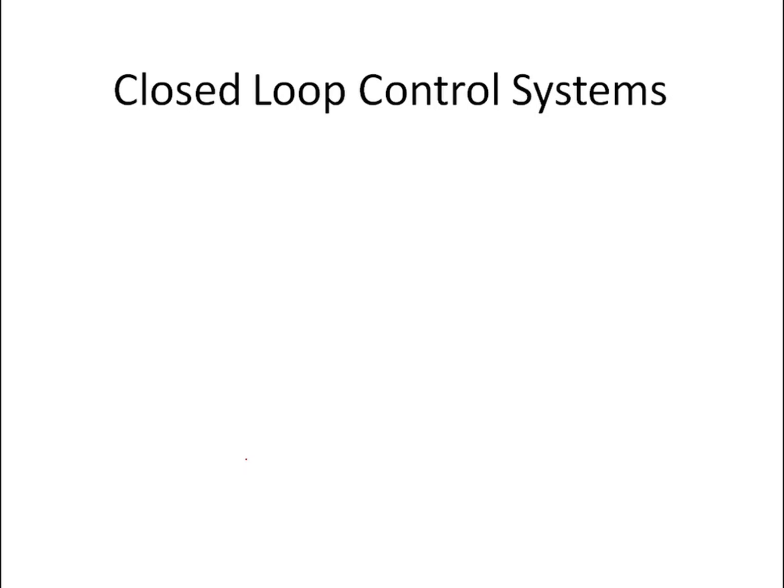Let us come to the case of closed loop control system, where the control system is not allowed to stay independent in case the output is produced and that output is not monitored directly. So here I am monitoring the output and manipulating the system in such a way that the output is more or less closer to the desired input. How can I do it?